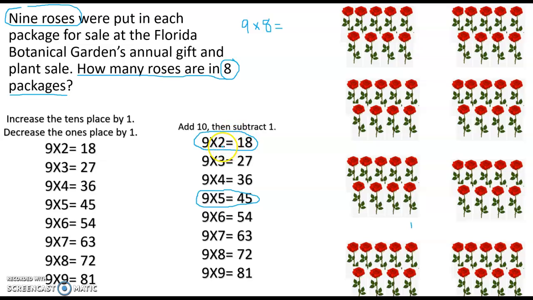So if you see that 2 is a factor or 5 is a factor, you already know how to solve problems like that. So you know you can count by 2s, and you already know that you can count by 5s.